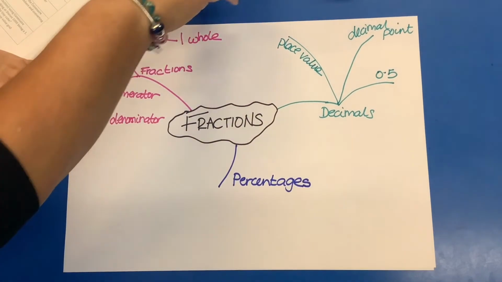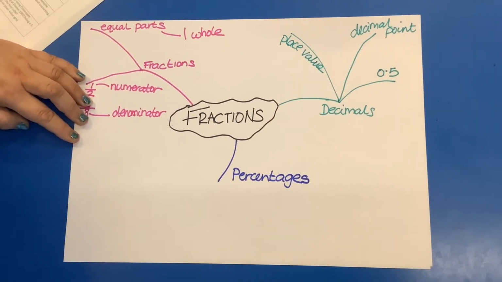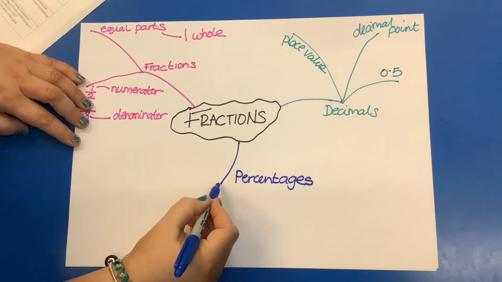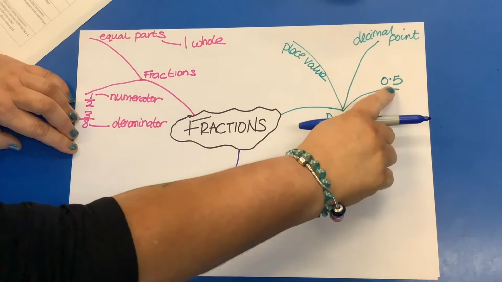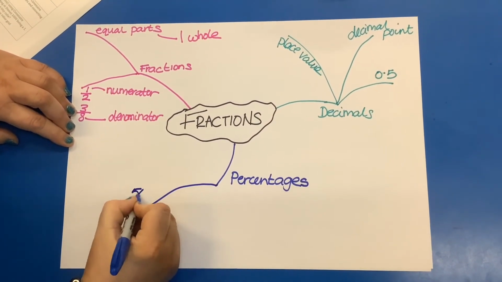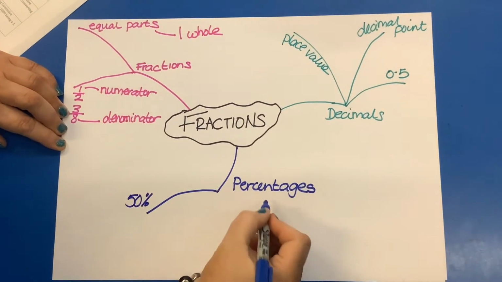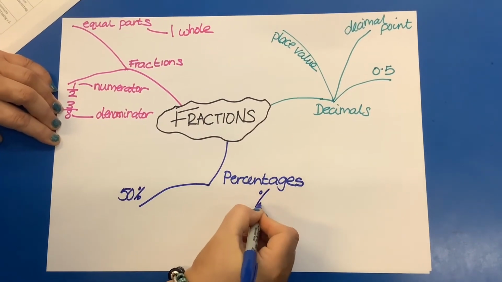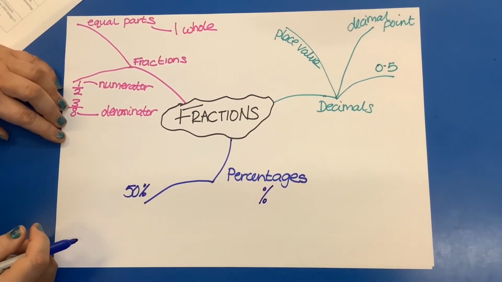So now we're on percentages. So hopefully you might be able to write some percentages. So I had 1/2 here, didn't I? 0.5 there. So that would be 50%. And this is the sign we use. So you definitely want to add that for when we use percentages.